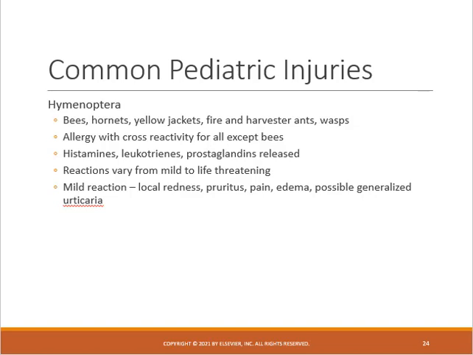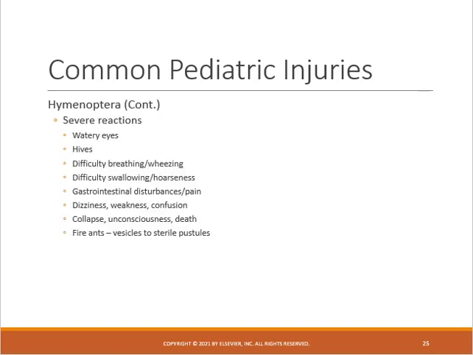Histamines and leukotrienes and prostaglandins are released, and you may have local redness, itching, pain, swelling, and generalized urticaria. Other reactions could include watery eyes, hives, difficulty breathing, wheezing, difficulty swallowing, weakness, dizziness, and there can be an anaphylactic response as well.